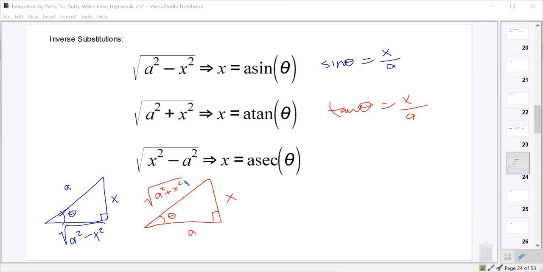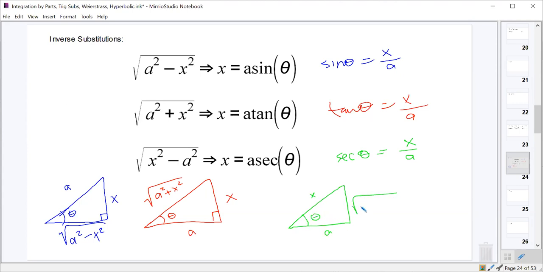And the last one over here, if we had this one, this would tell us that secant theta equals x over a, or secant is x over a. That ought to be like this, which gives us root x squared minus a squared for an opposite of it. Okay? And so that's sort of the base reasoning behind why these substitutions work.